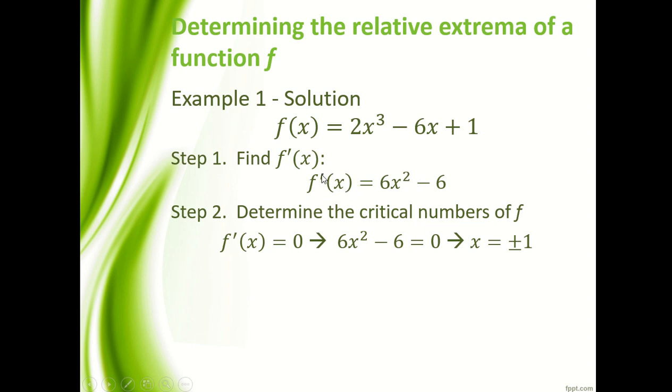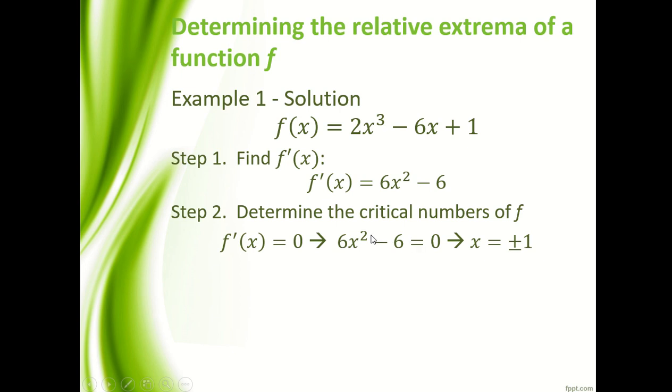The f prime, meaning the slope of our tangent line, is equal to 0. That's why we have here 6x squared minus 6 equal to 0. From here, we can solve for x. Solving for x, you transpose negative 6 to the other side. So that becomes 6x squared equal to 6. Divide both sides by 6. So we have x squared equal to 1.